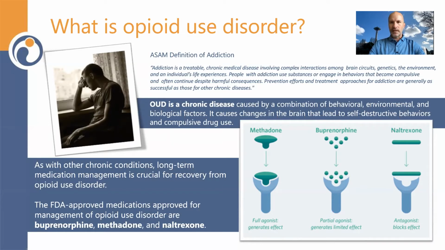The three main medications that are FDA approved are methadone, which is a full opioid agonist on the opioid receptor, buprenorphine, which acts as a partial agonist at the opioid receptors and generates limited effect at those receptors, and then naltrexone, which is a full opioid antagonist and blocks those effects.